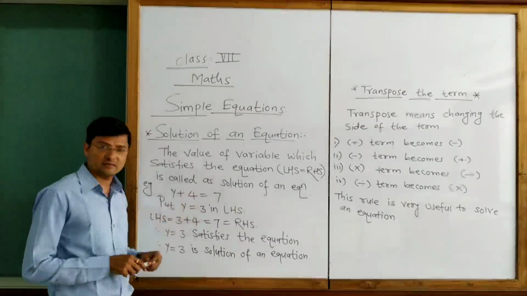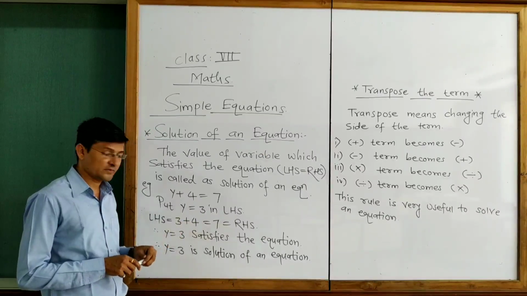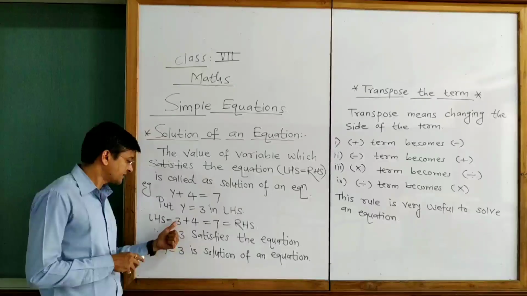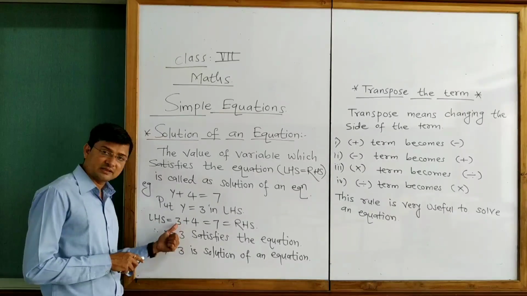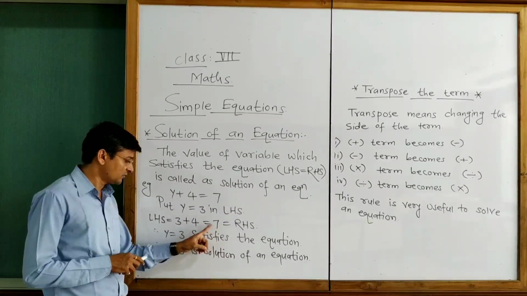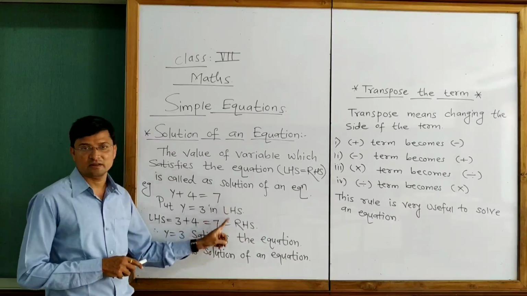In this equation, if we put y equal to 3 in LHS, then we get 3 plus 4, which is equal to 7, and 7 is nothing but RHS.